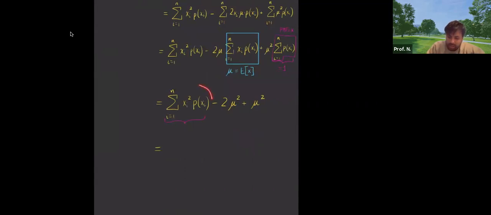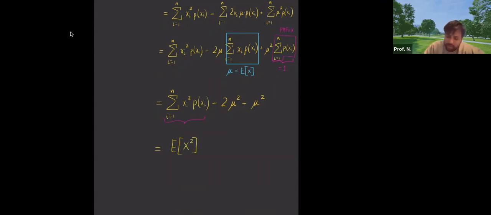As you can tell, this is very similar to this expression here. The problem is that this x sub i is not squared. This is squared. What's attached to it is the probability for each of those values of x sub i. So this is also an expected value, but of what? This is the expected value of the random variable x squared.